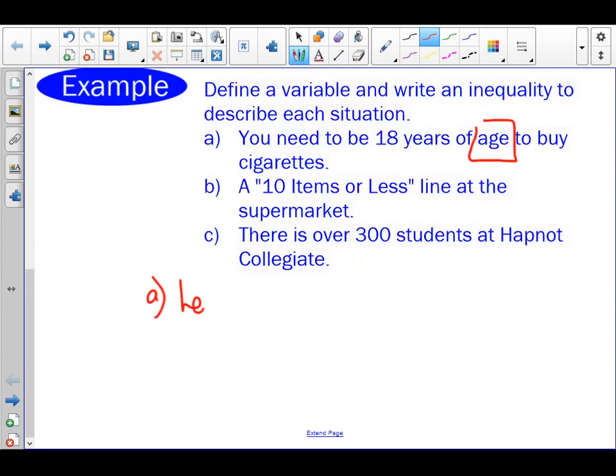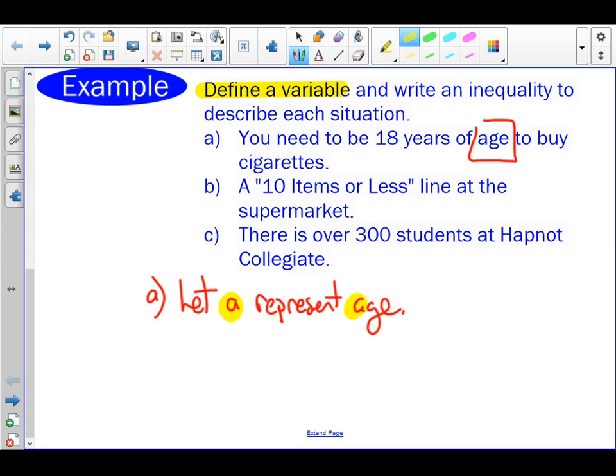Well, we're going to say let the letter A represent age. When possible, it's a good idea to use a variable that makes sense. If we're talking about age, which of course starts with the letter A, a good letter to represent age would be A. So this is the define the variable part of the question.